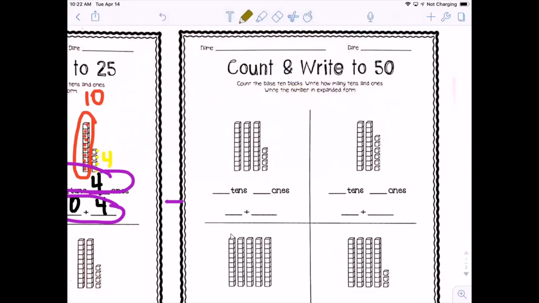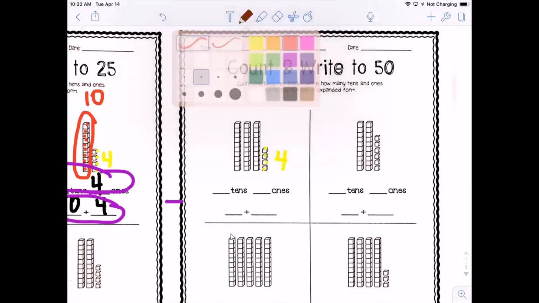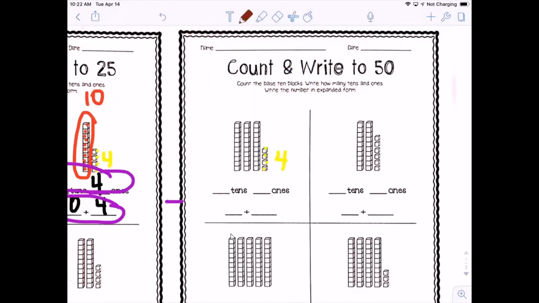Okay, so let's count how many ones. 1, 2, 3, 4. So I have 4 ones. Now let's count our groups of 10. 1, 2, 3, 4, 5, 6, 7, 8, 9, 10. So that's one group of 10. I write 10.